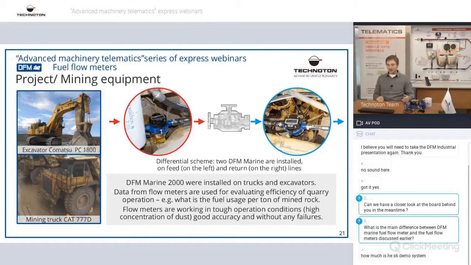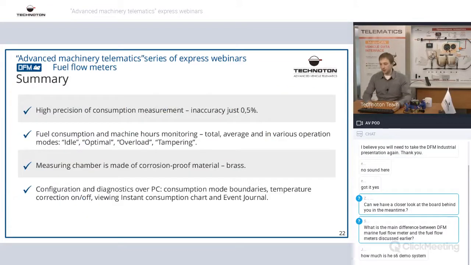Imagine a mining truck, a mining excavator. They operate in dusty conditions. DFM Marine is running perfectly in those conditions and provides accurate information about fuel consumption, engine running time and different modes, and more than 20 other parameters. Please note that it is DFM with CAN interface.